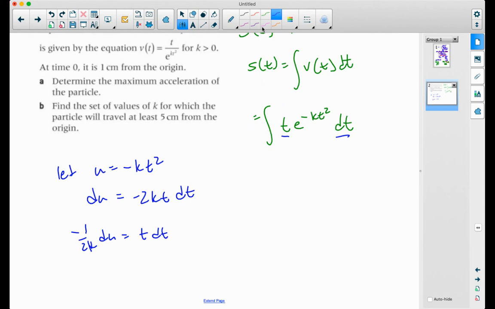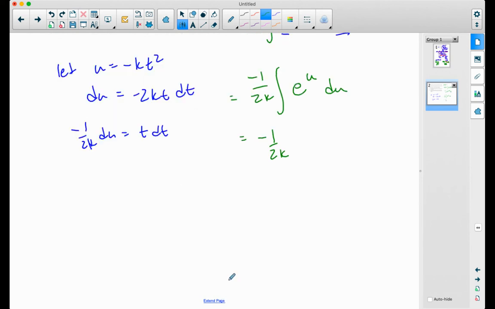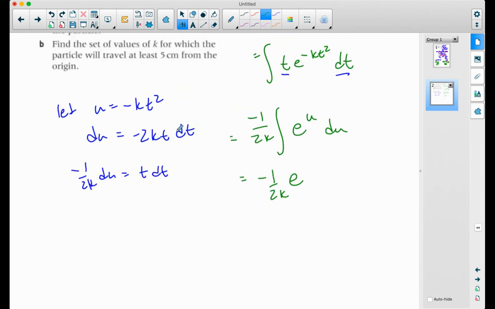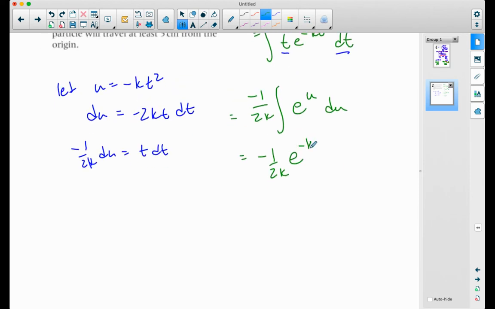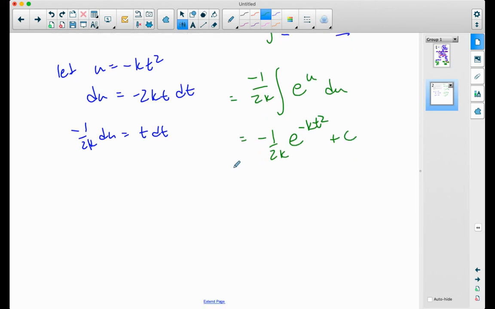So if I do this substitution here, then this is a constant, so negative 1 over 2k, integrate e to the u du. If I take the actual integral, that ends up being times e to the u, and the u is negative k t squared plus some value c. But I know that when s is 0, I get 1.